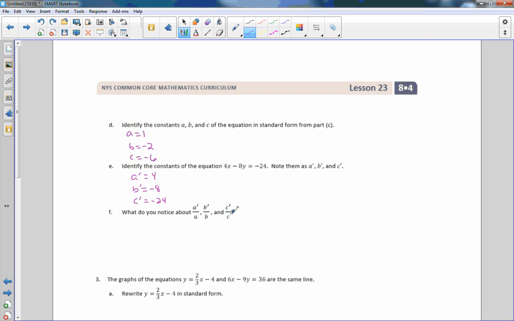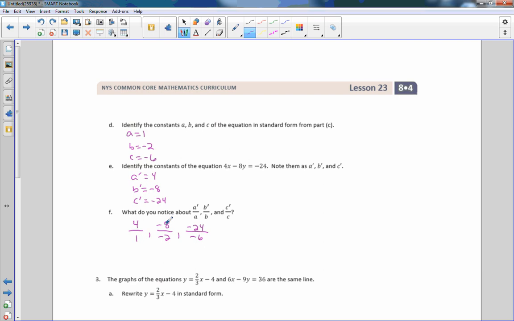Okay, so now it wants us to put these in as ratios. So a prime is 4 over a, which was 1. B prime is -8 over b, which is -2. And c prime is -24, where c is -6.